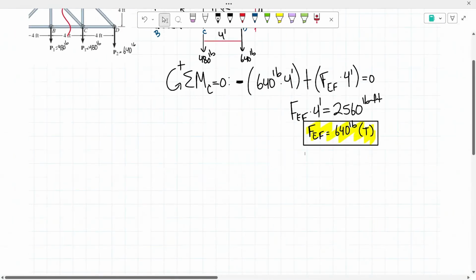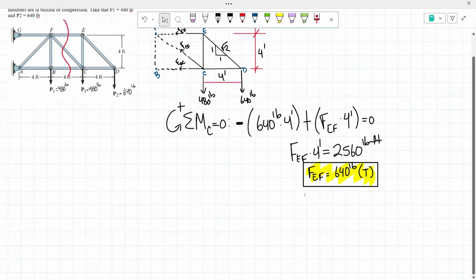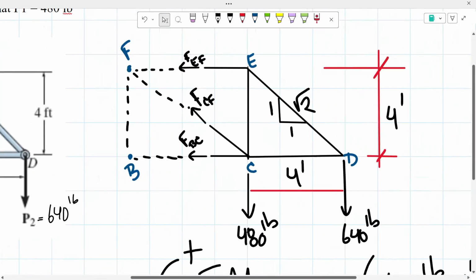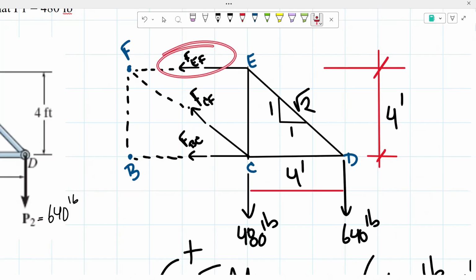So now that we already determined one force, the next step that I'm going to be doing is taking the sum of the moments about a different point. This time I'm going to be taking it about point F right here. Because if we were to take it there, we know that the force of the bar EF will not be creating a moment.